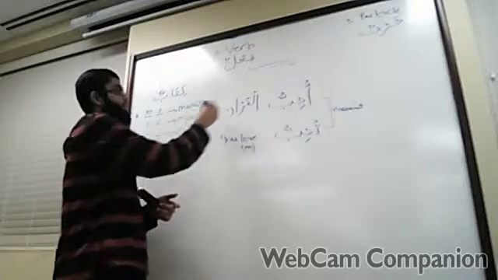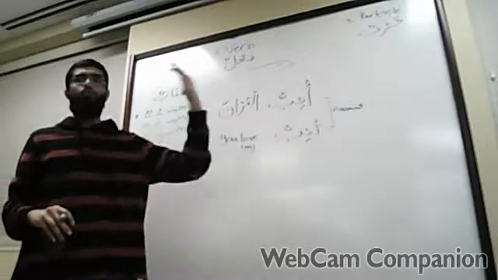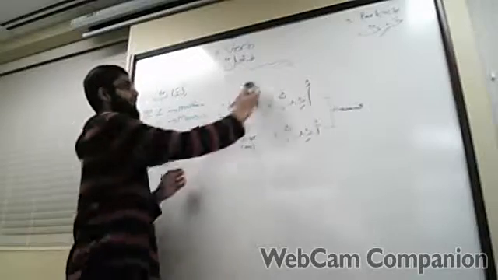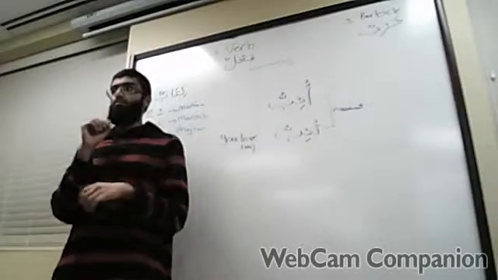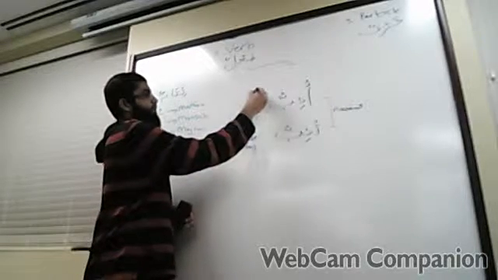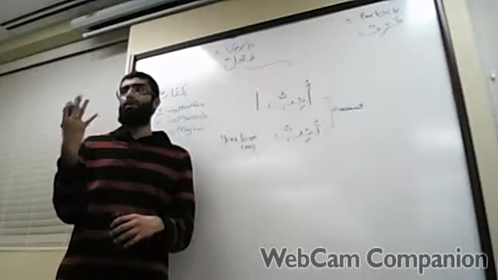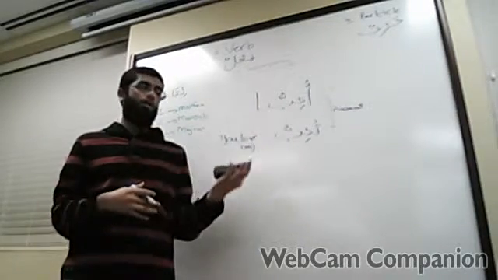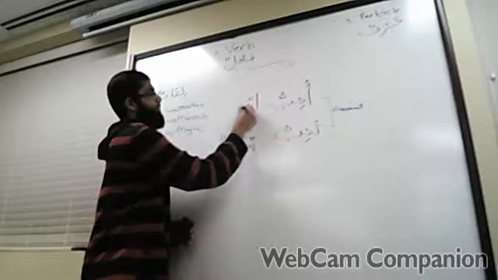Fatha. Fatha just because it's the object. So you can say this for whatever. Uhibbu, how do you say my mother? Ummi, right? So you can say this to whoever. Uhibbu ummi, uhibbu abi, uhibbu binti. I love my daughter. I love my son. Uhibbu ibni.